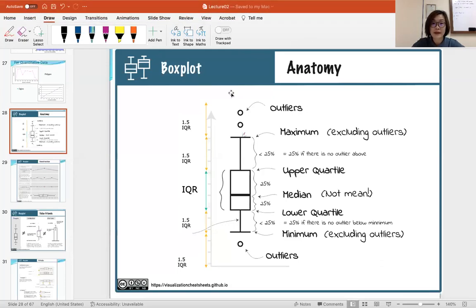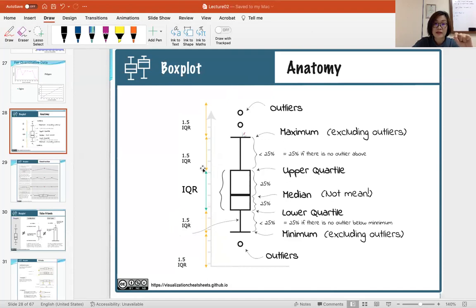So I repeat again, a box plot is to try to convert all the data into the maximum, the upper quartile, the median, the lower quartile, the minimum, and how to find the outlier. As long as from the lower quartile to the minimum, it should be within the range of 1.5 inter-quartile range.